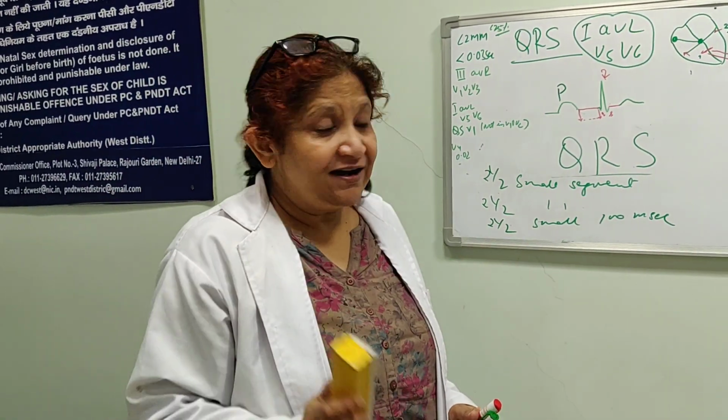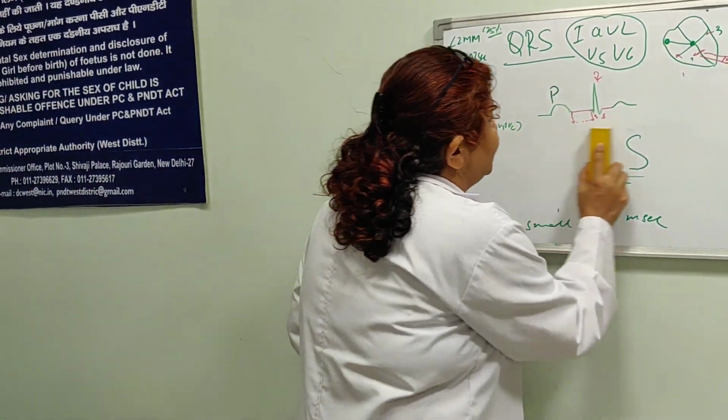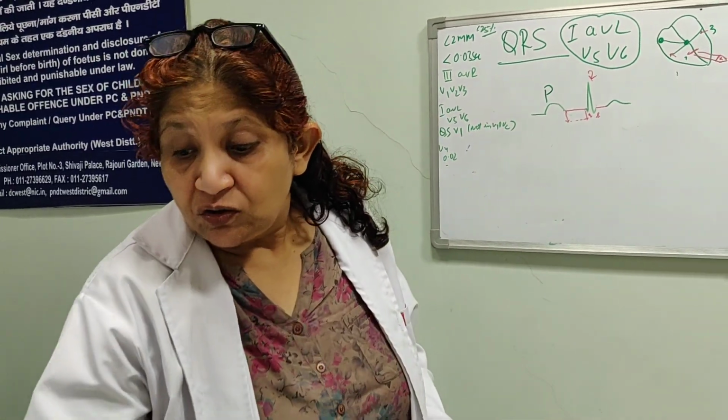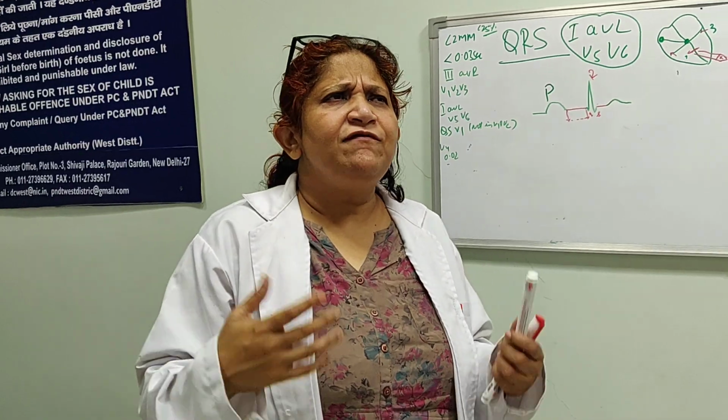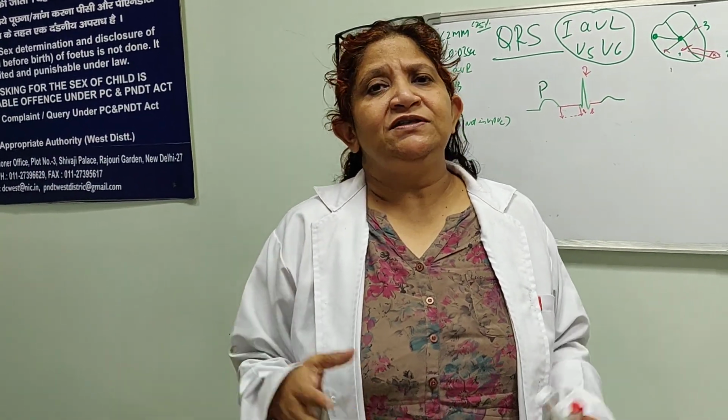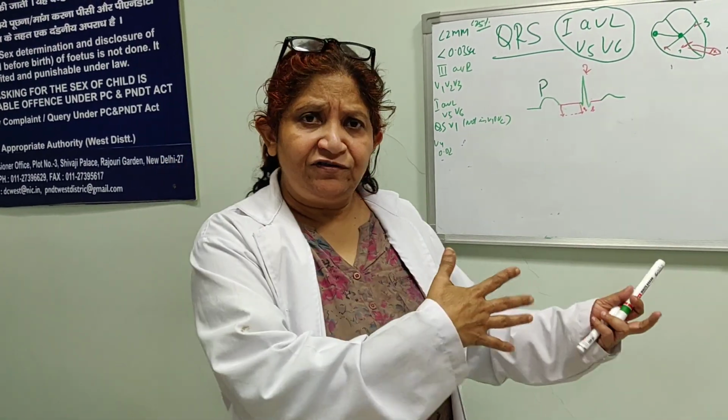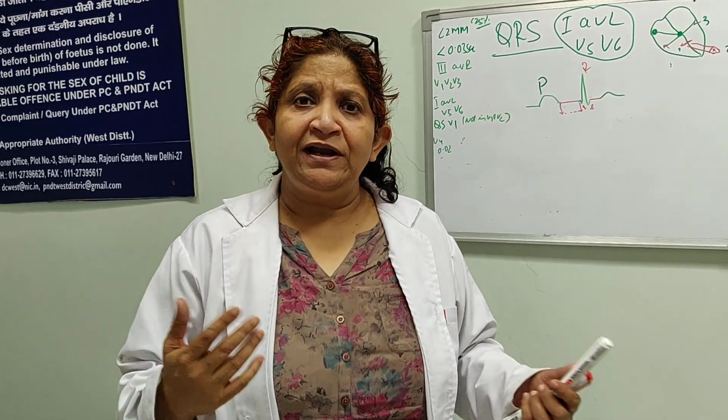So we go ahead now and we will discuss the Q wave, right? We all have heard that the Q wave represents myocardial infarction. Everybody knows Q wave means myocardial infarction. But then we have seen that there are normal Q waves also, right? On the left leads, we will record a normal Q wave: 1, AVL, V5.